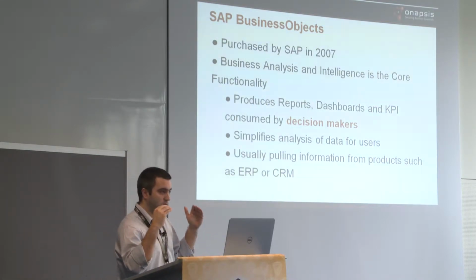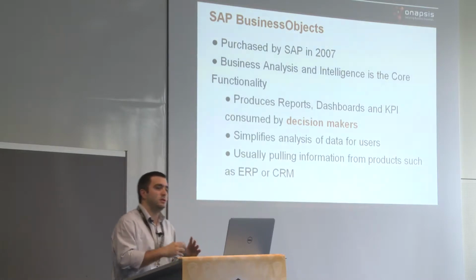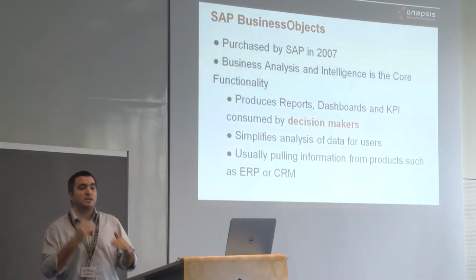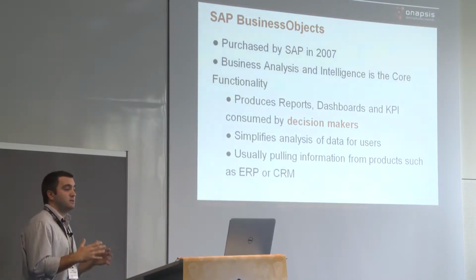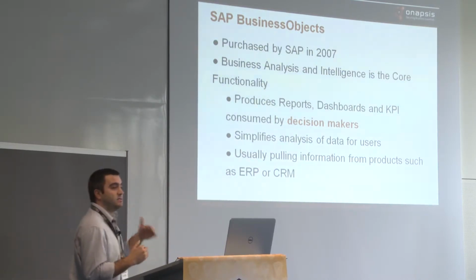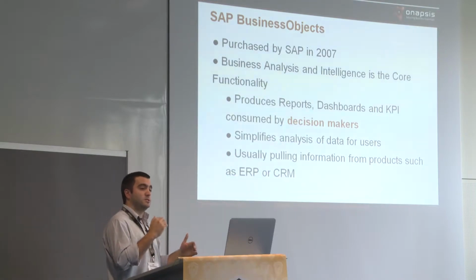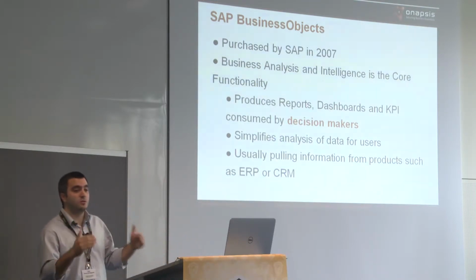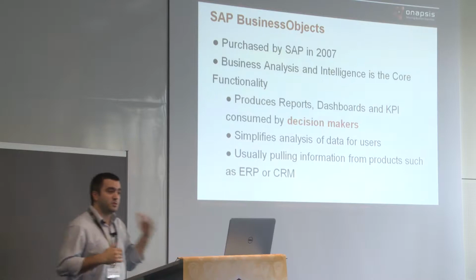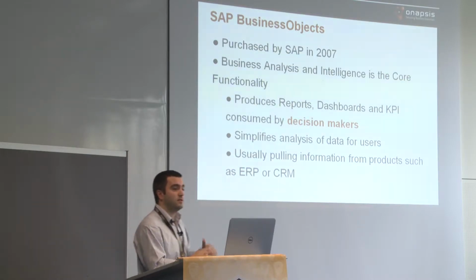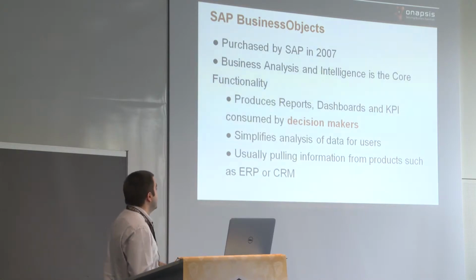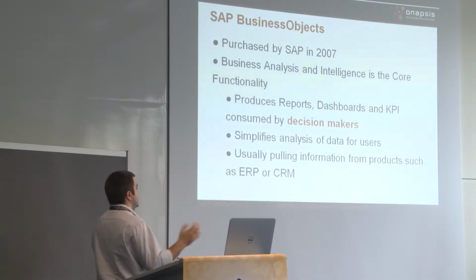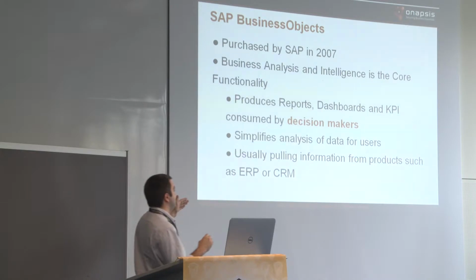So it's information that is used to take decisions and to act upon that. That's why it is really critical, because if an attacker is able to break into a BusinessObjects system and modify this information, he would be able to potentially modify the behavior of a decision maker.